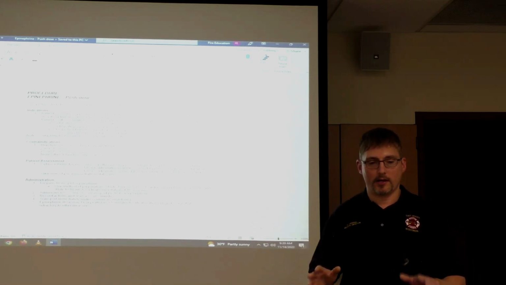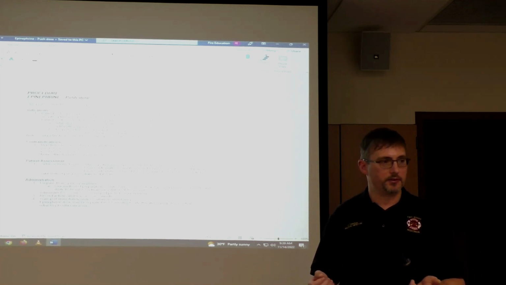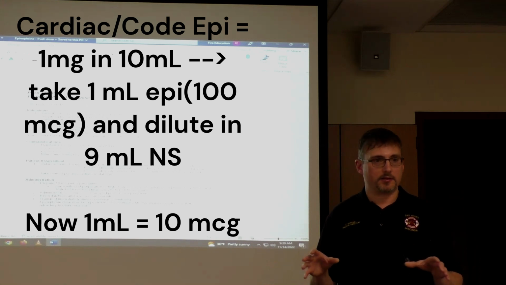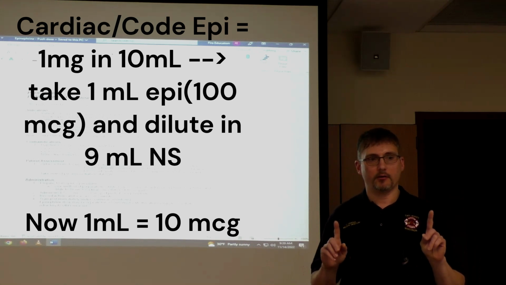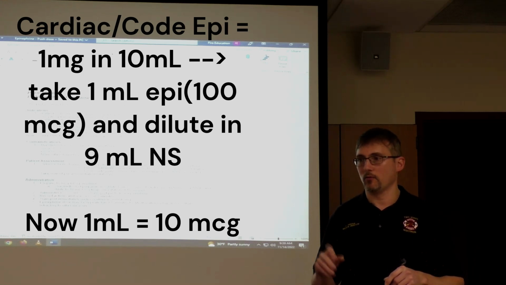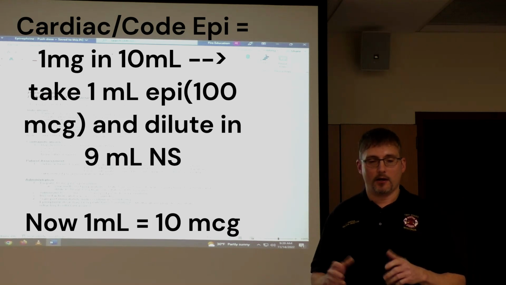So that's historic. Now the only reason to use it is really allergic reaction. So 1 to 10,000 is what we use, we call code dose or cardiac epi, right? What does that actually mean? There is 1 gram in 10,000 mLs, which is 1 gram in 10 liters, right? So 1 to 1,000 is 1 gram in 1 liter, okay?